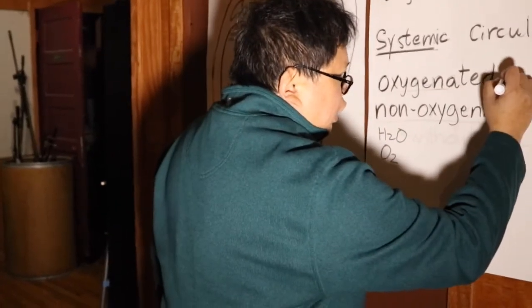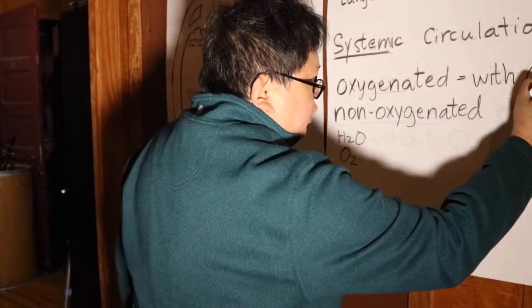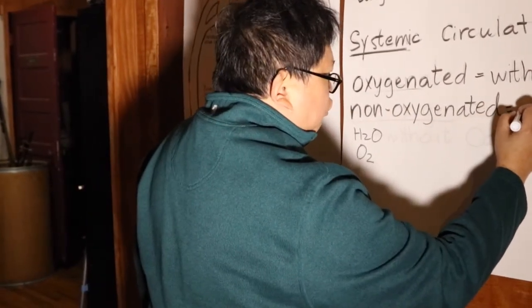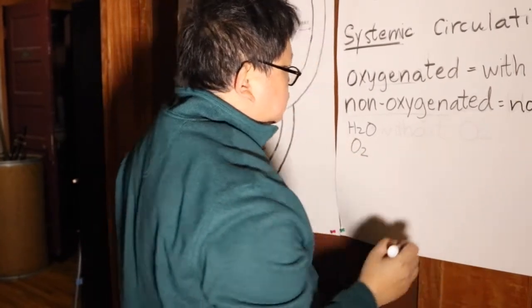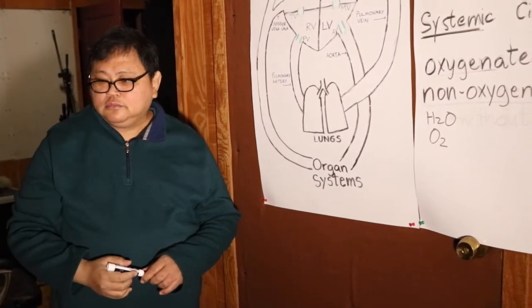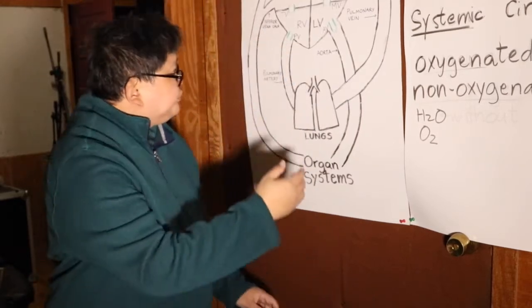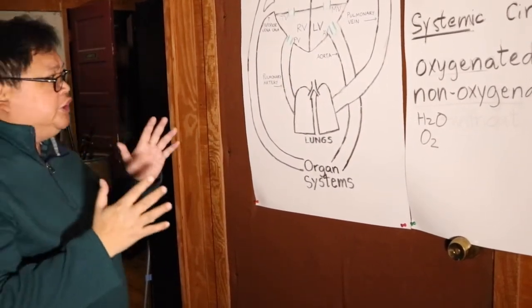Oxygenated has oxygen, while non-oxygenated has no oxygen. So, let's start now with the non-oxygenated blood.